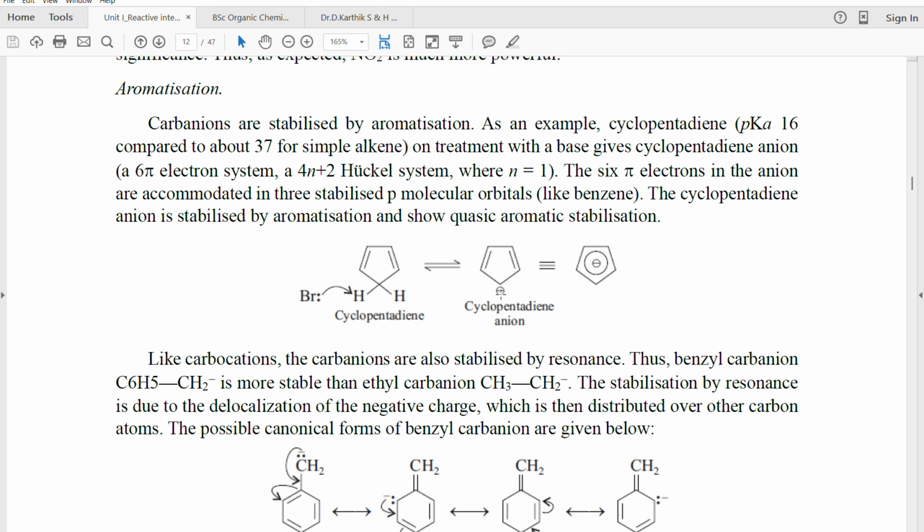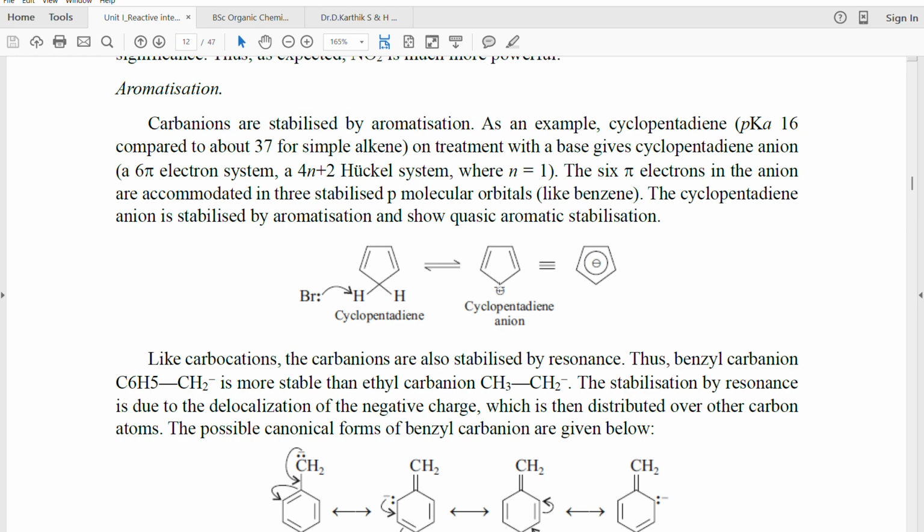This carbanion has a lone pair, so it may come into the category of pi electrons. Now the total number of pi electrons is 6 for this ring: 4 pi electrons which are bonded and 2 which are non-bonded.